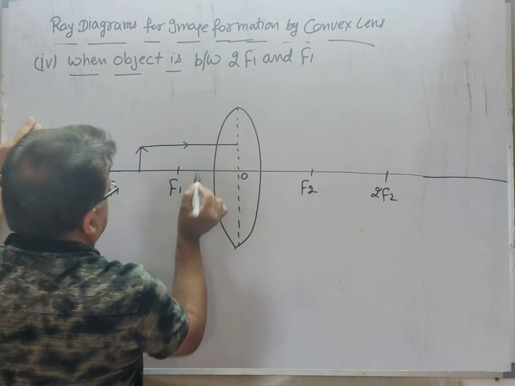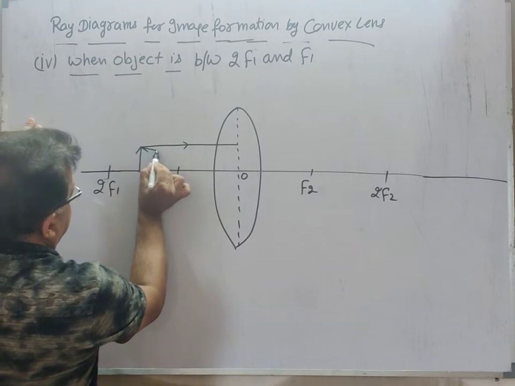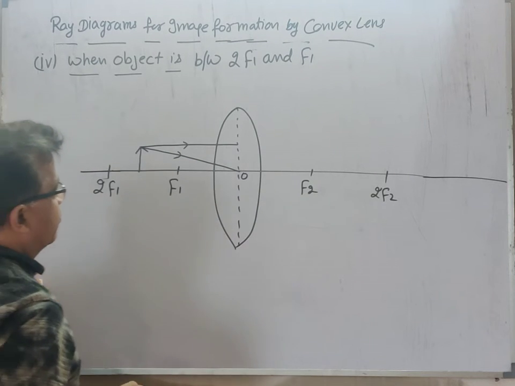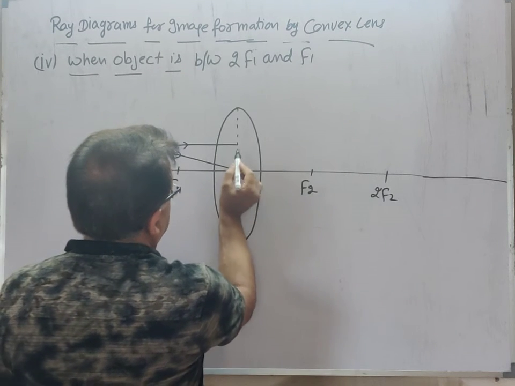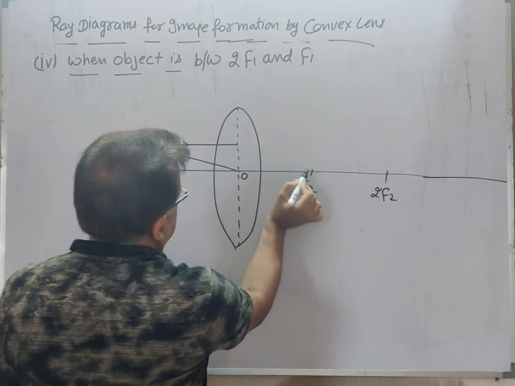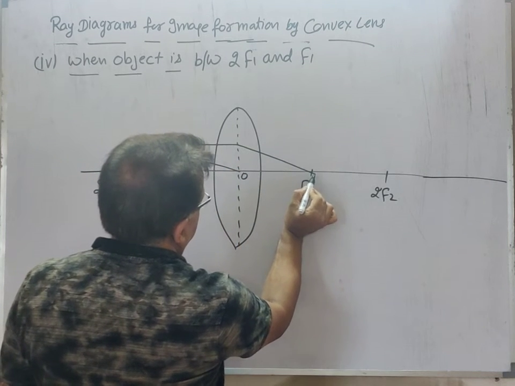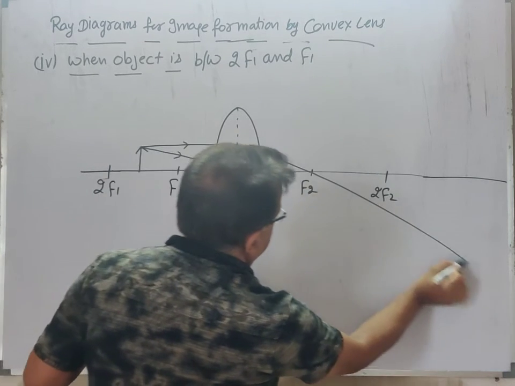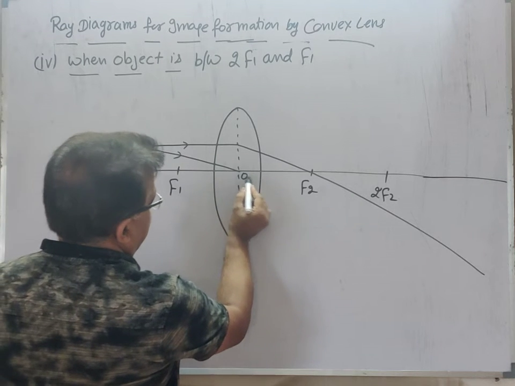It is the incident ray parallel to the principal axis. Similarly, the other we shall show passing through the optical center. Now it will pass through the principal focus after refraction, and it will go straight.